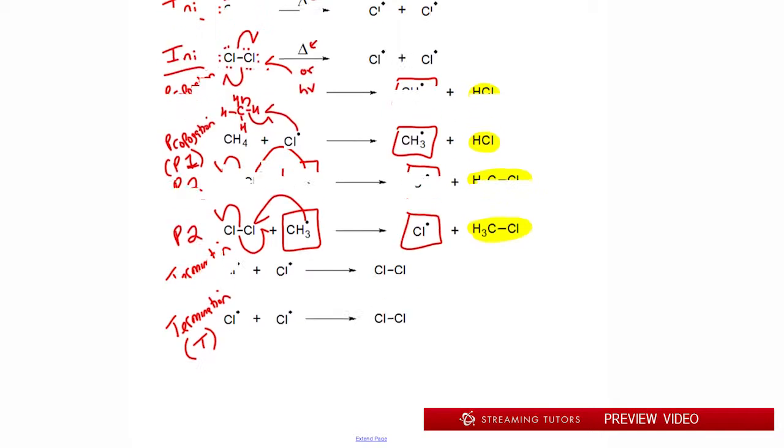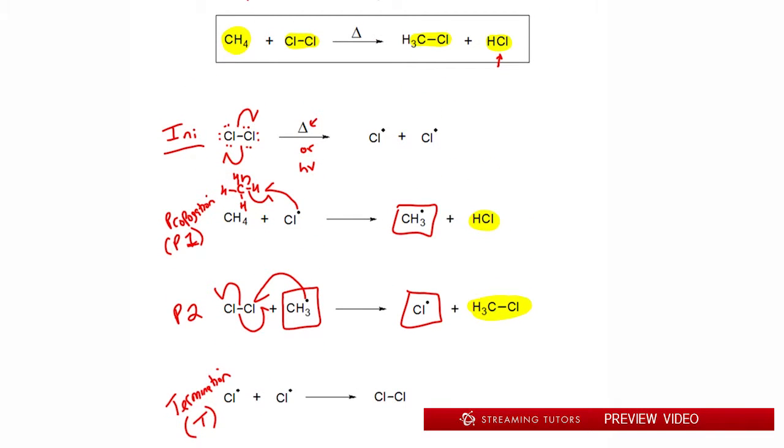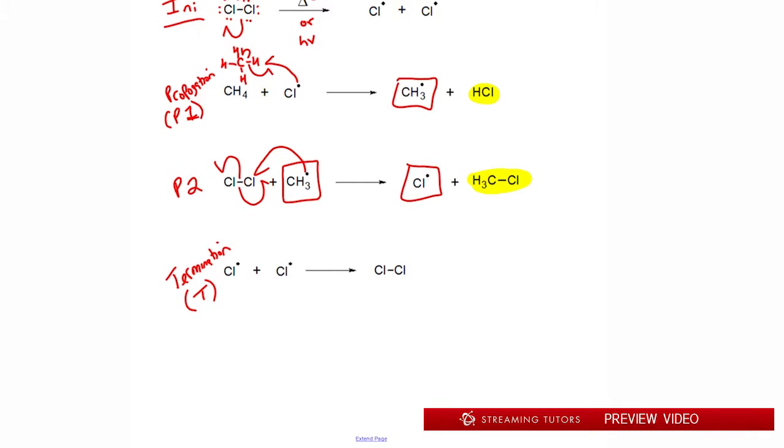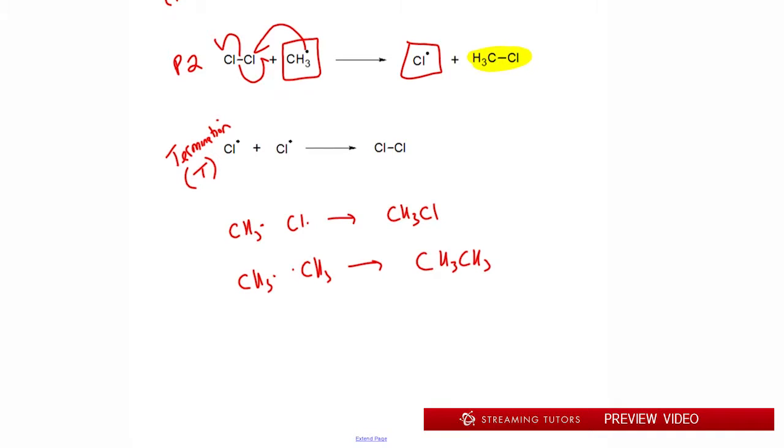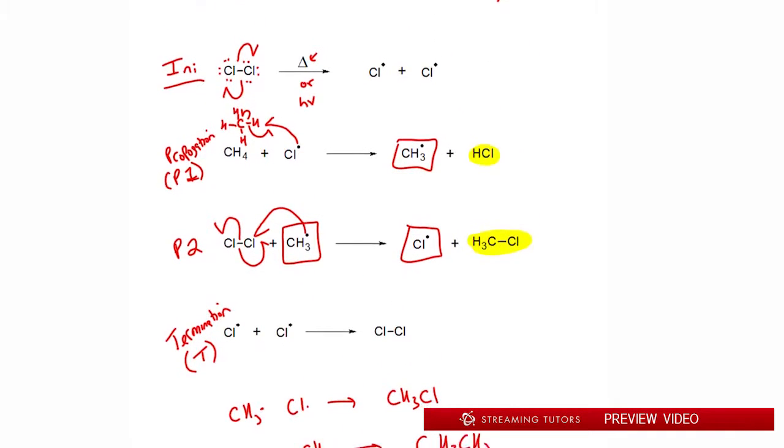If you look at any two radicals that you created above in propagation 1 or 2, they can collide together. So you can have, for example, a methyl radical collide with a Cl radical, make methyl chloride, or a methyl radical and a methyl radical collide to make ethane, right? So that can happen. Any two radicals that you create can collide together.